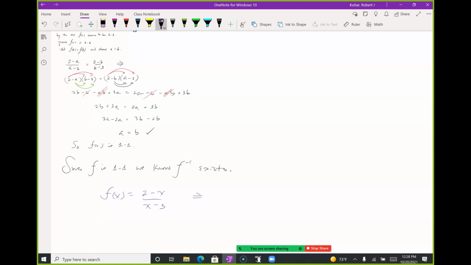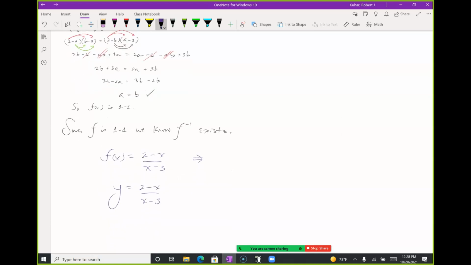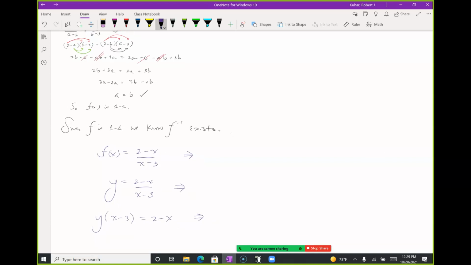And so we rename that as y, right? Because we want to think of x's and y's as simple objects. And again, we don't really like this fraction, so we're going to cross multiply. And we don't like this association. Why are they excluding y here? Let's get y involved, so we multiply. xy minus 3y equals 2 minus x.